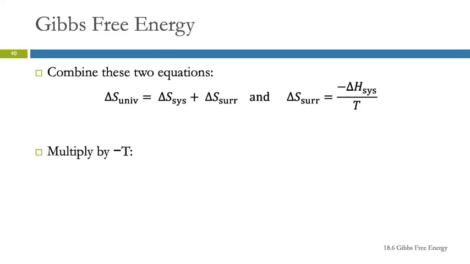Okay, we can take those two equations and put them together. So the entropy change in the universe is the system plus the surroundings.